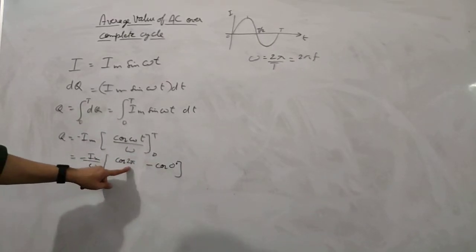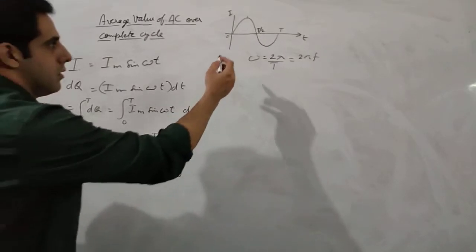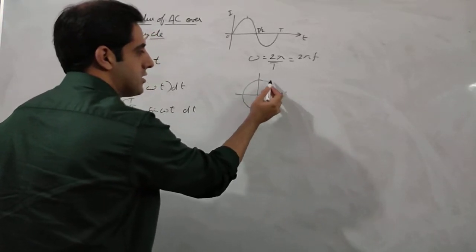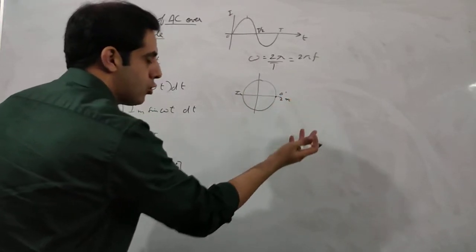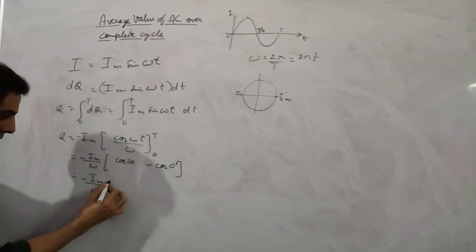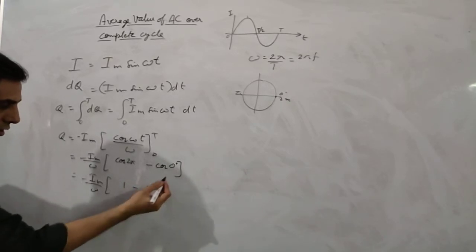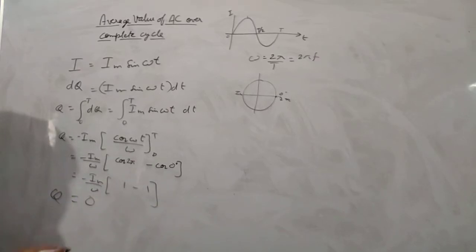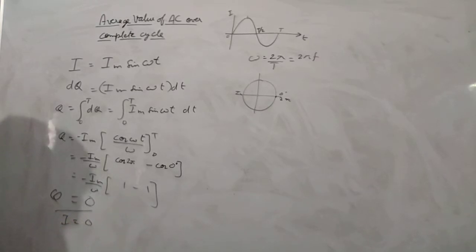Now cos 2 pi is the same as cos 0 degree, because in a circle, this is 0 degree, this is pi, and again it will come here at 2 pi. So 0 degree and 2 pi are the same thing. So this will be 1 minus cos 0, which is 1. So this will give us that the total charge over a complete cycle is 0, and hence the total current over the complete cycle is also 0.